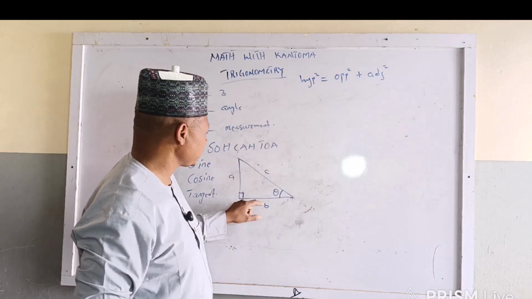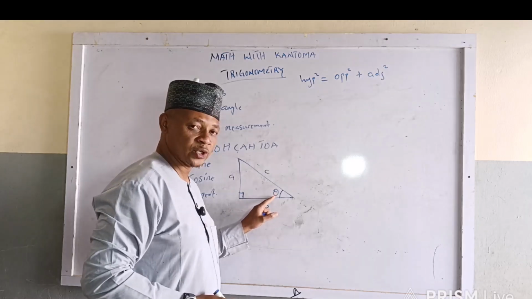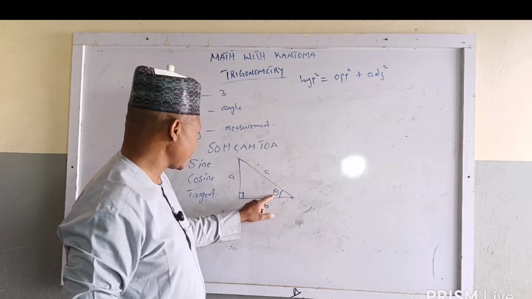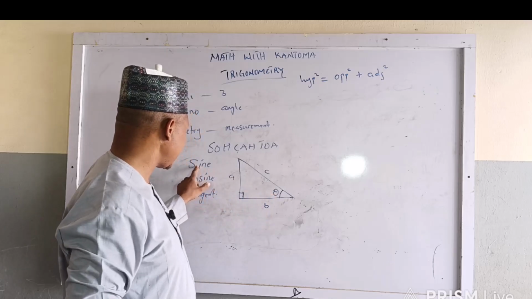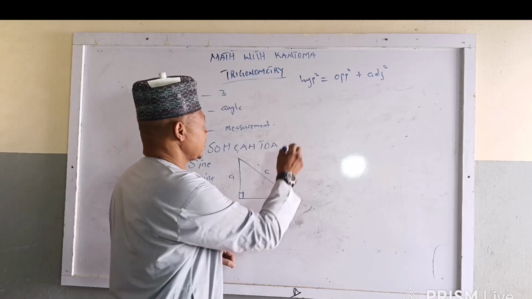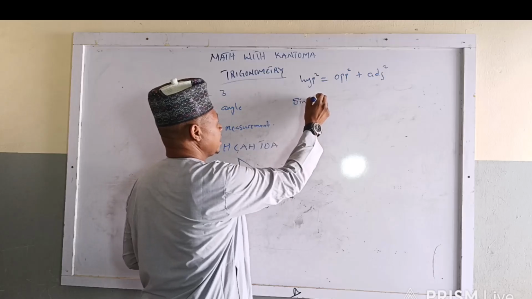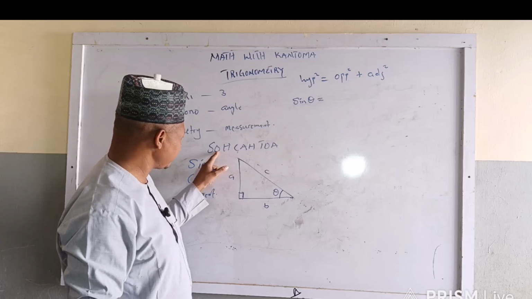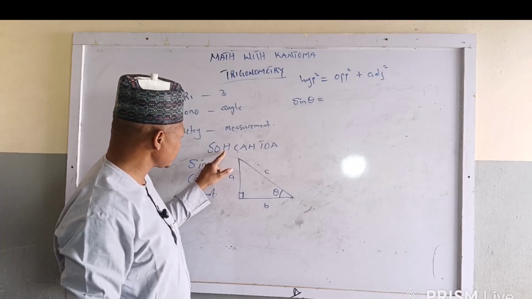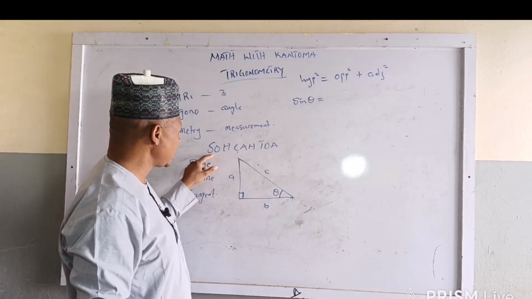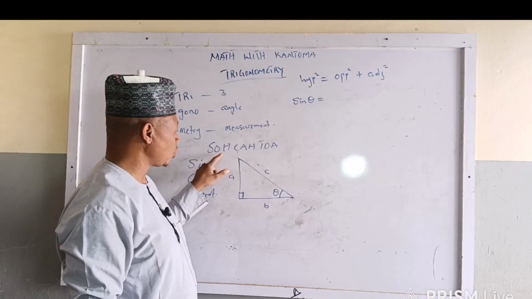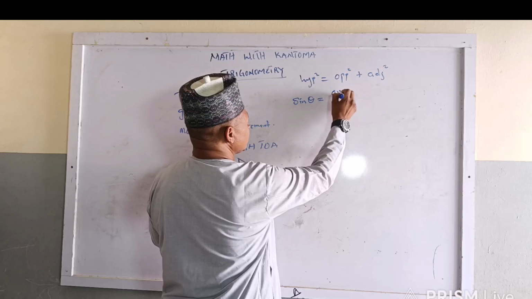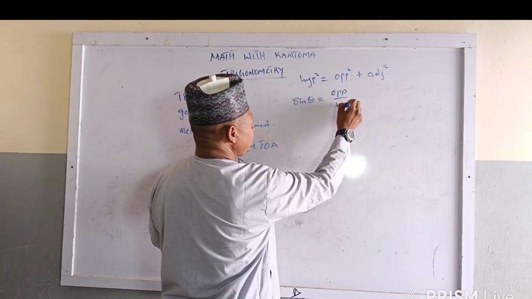Deducing these values using the angle of inclination here as theta, the sine of this angle theta, which we refer to as sine theta, is by definition, using SOHCAHTOA, opposite over hypotenuse. This is the first, SOH. So sine is opposite over hypotenuse.